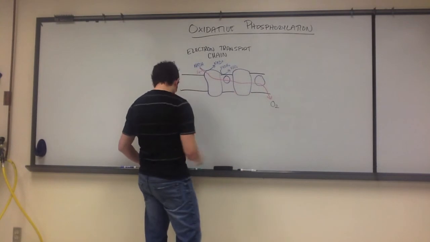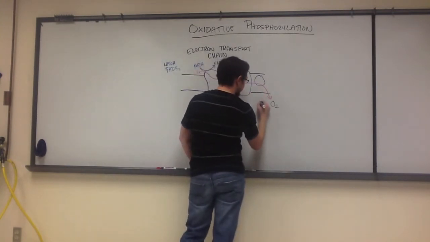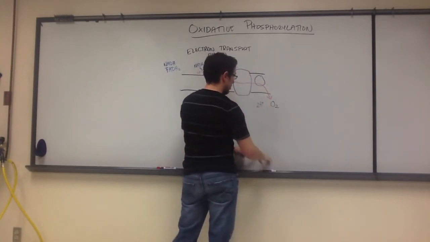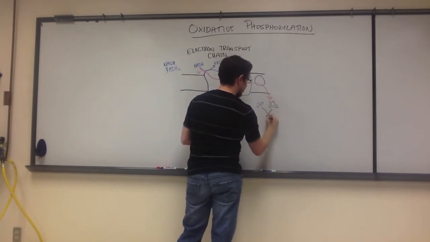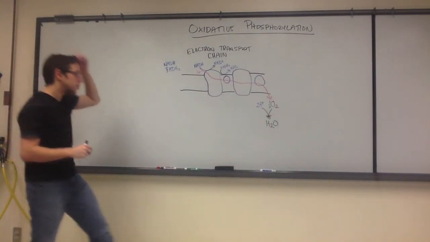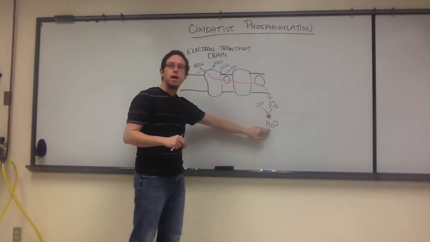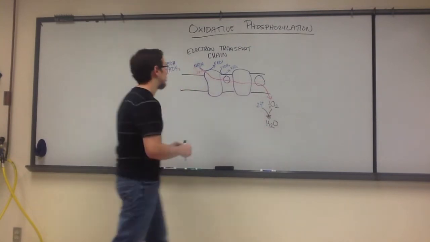Oxygen will be the final electron acceptor, and it will combine with protons to form water. Okay, so oxygen is the final electron acceptor. It combines with protons and forms water. So there's our water that was produced during respiration.